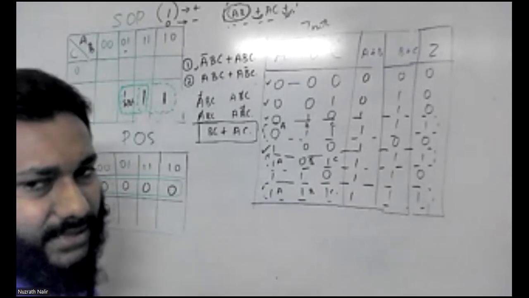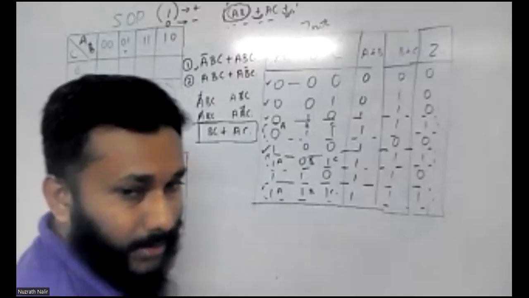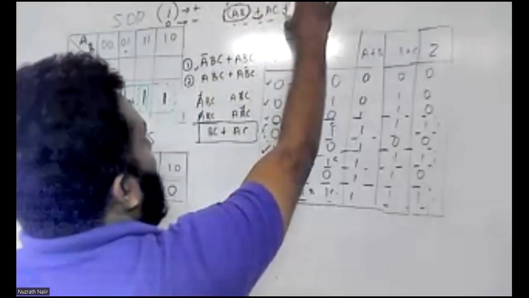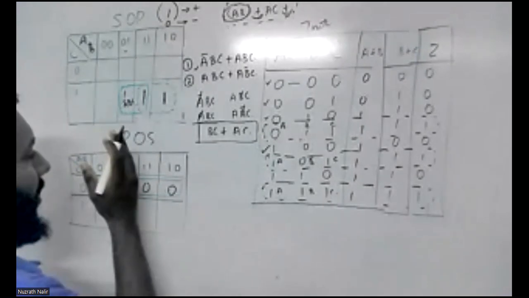Okay, let's start the POS area. So in the POS combination, there is a small difference. I'll explain it. I already explained that SOP means this. POS means product of sum.